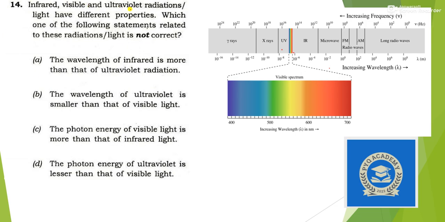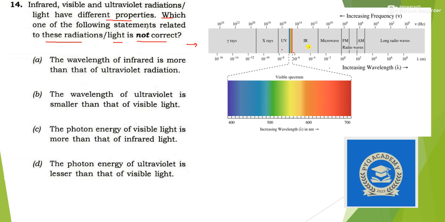Infrared, visible and ultraviolet radiations have different properties. Which one of the following statements related to these radiations is not correct? You must have seen that questions related to the electromagnetic spectrum have been asked a number of times, so you should remember the sequence of this electromagnetic spectrum.